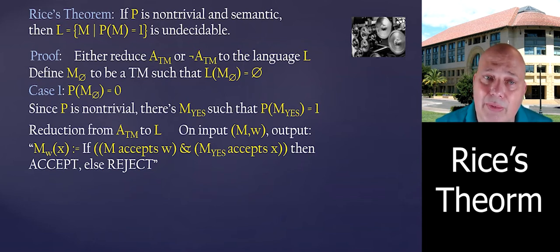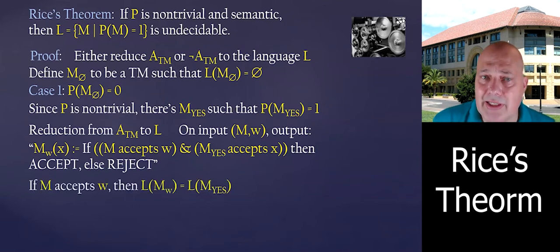On input X, M_W accepts if M accepts W and M_P accepts X. More formally, it simulates M on W and simulates M_P on X. If both of them halt and accept, M_W is also going to accept. Otherwise, one of them doesn't accept, and we are rejecting or just not halting.